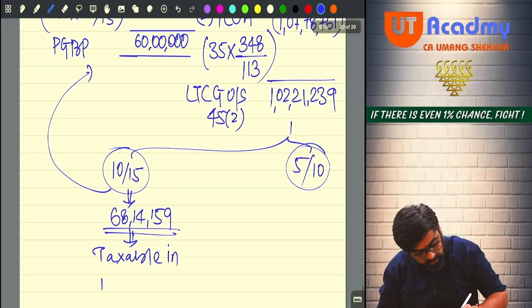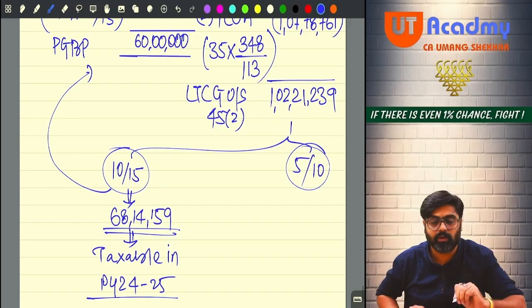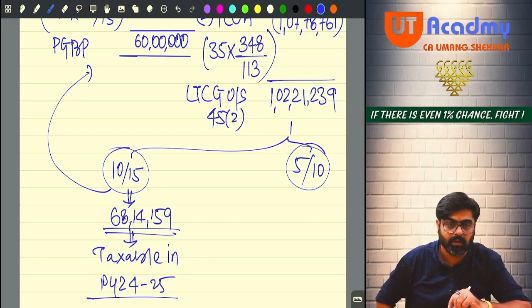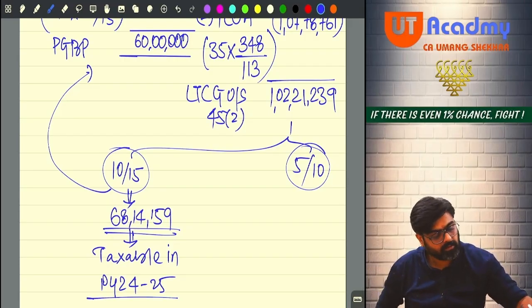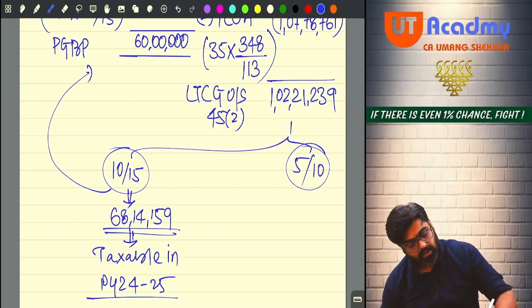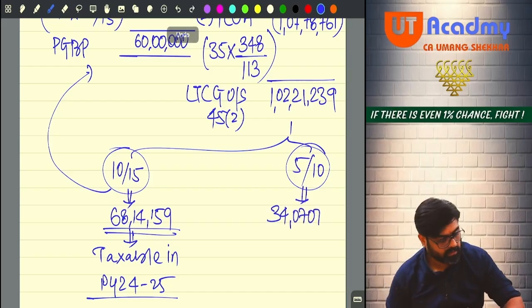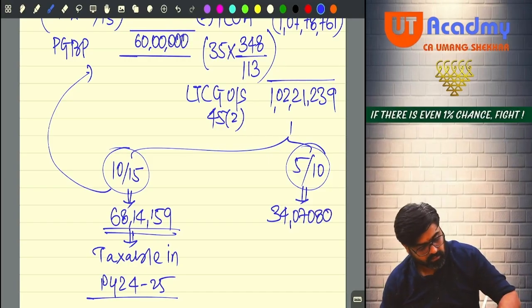In your previous year 24-25, the year in which the 10 flats are sold, in that year only this will be taxable. And minus, 1,02,21,239 minus that will be how much? 34 lakh 7,080.